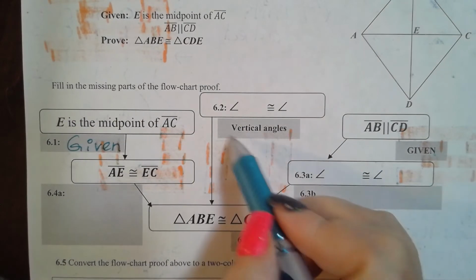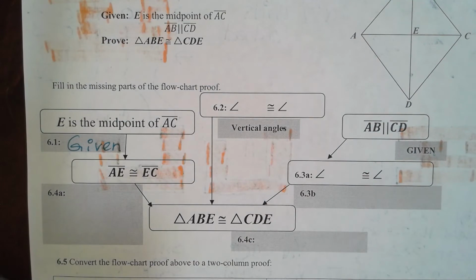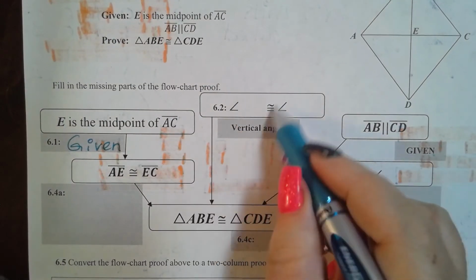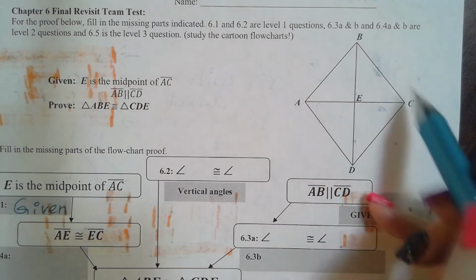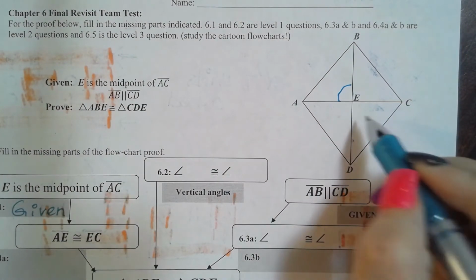The next one, they tell us the reason, and then we have to figure out what to put in the spaces. Now, we're trying to prove that this triangle is congruent to this triangle. Since those are the triangles we're trying to prove are congruent, we're going to look for vertical angles within those two triangles. So I'm going to go ahead and mark them right here.